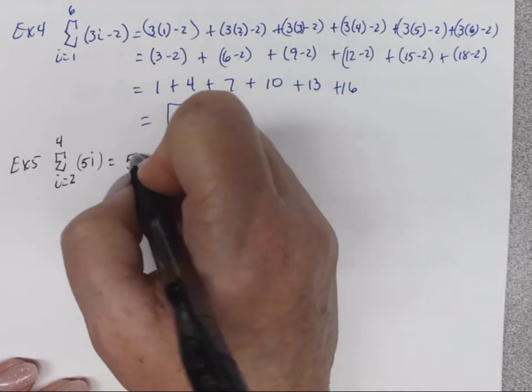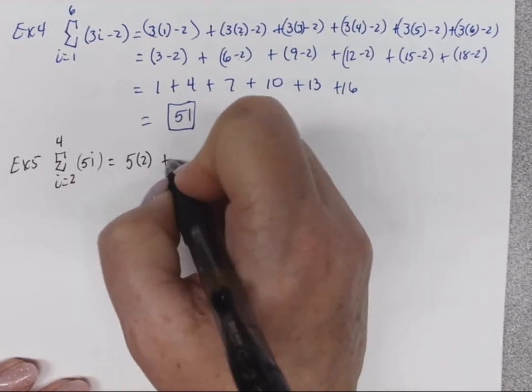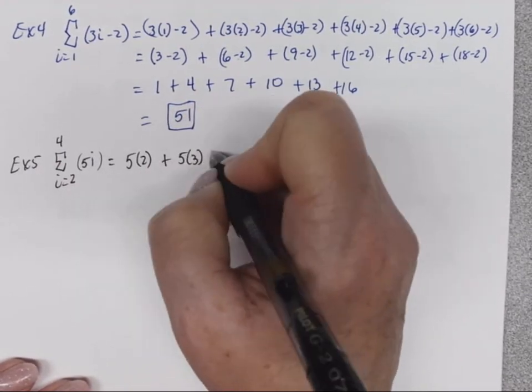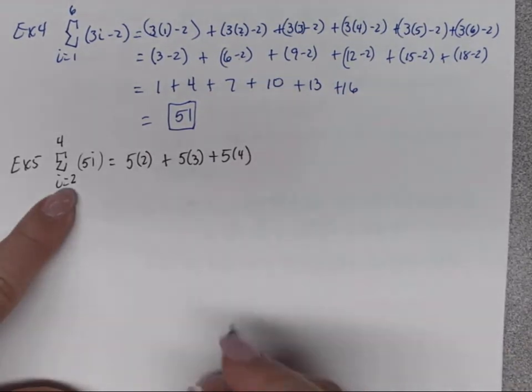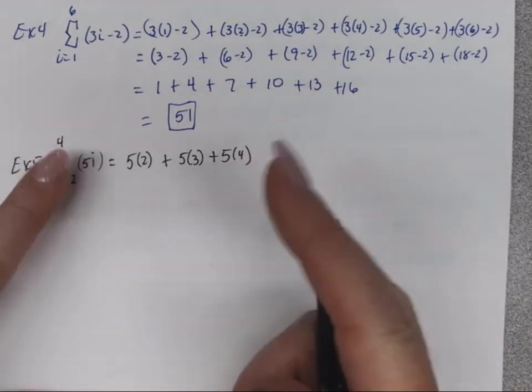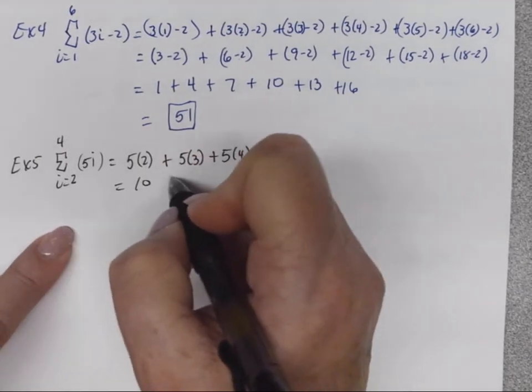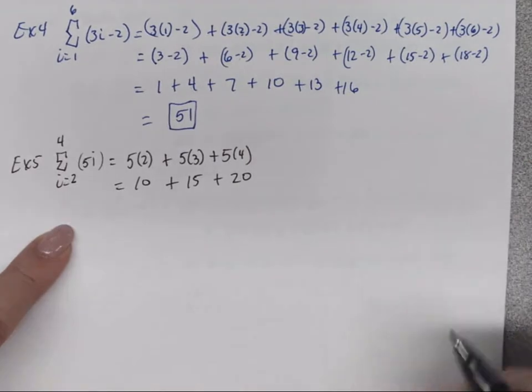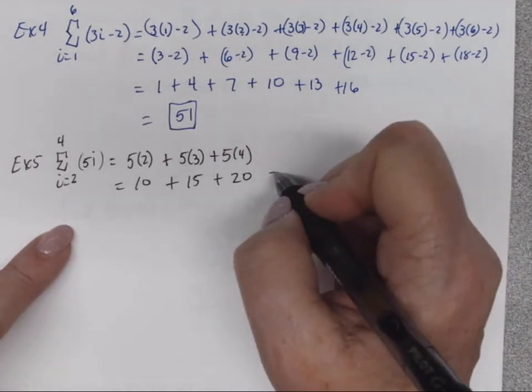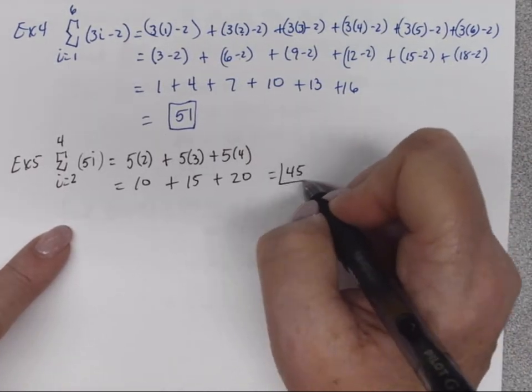So we'll have 5 times 2 plus 5 times 3 plus 5 times 4. 5 times 2 is 10. 5 times 3 is 15. 5 times 4 is 20. And when we add those together, we will get 45.